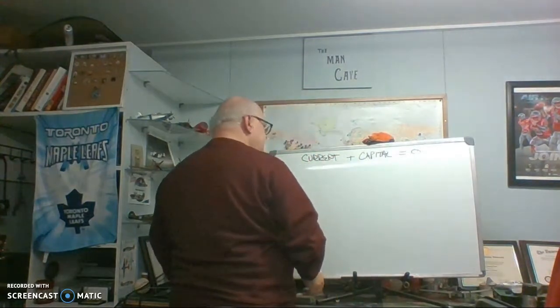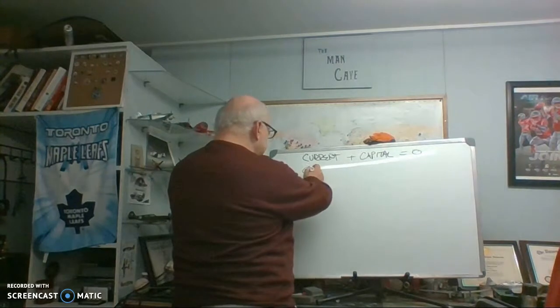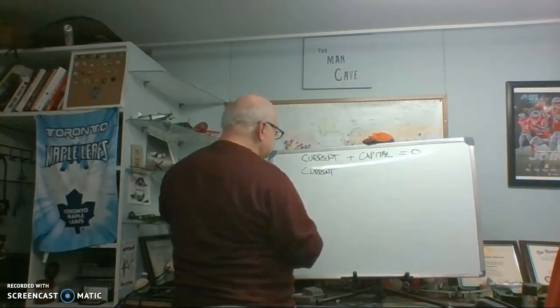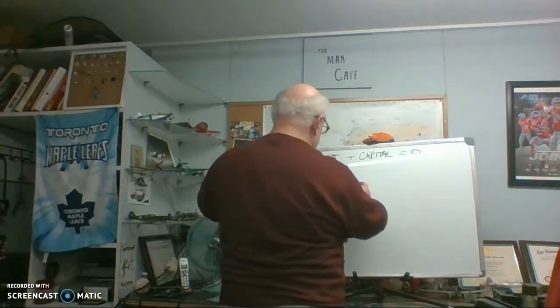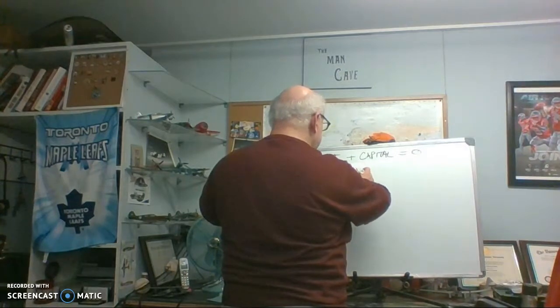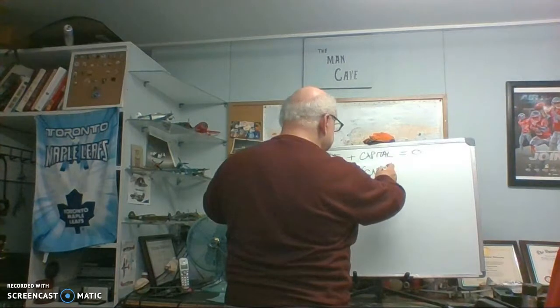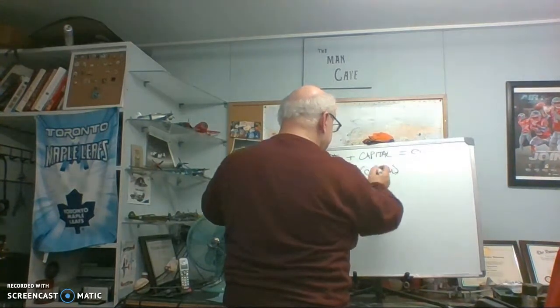So then, to rearrange the terms here, the current account, the balance that is, equals the negative of the capital account. Okay, and there is intuitive sense to this, believe it or not.